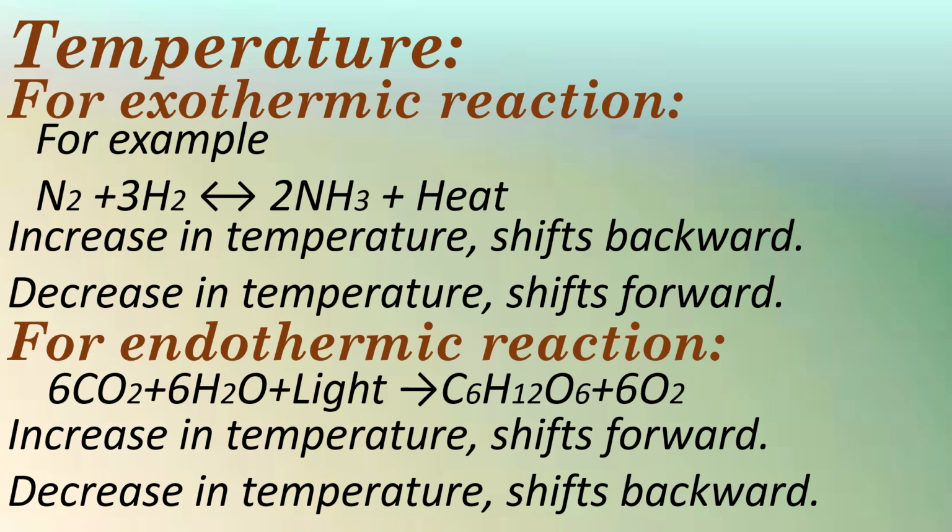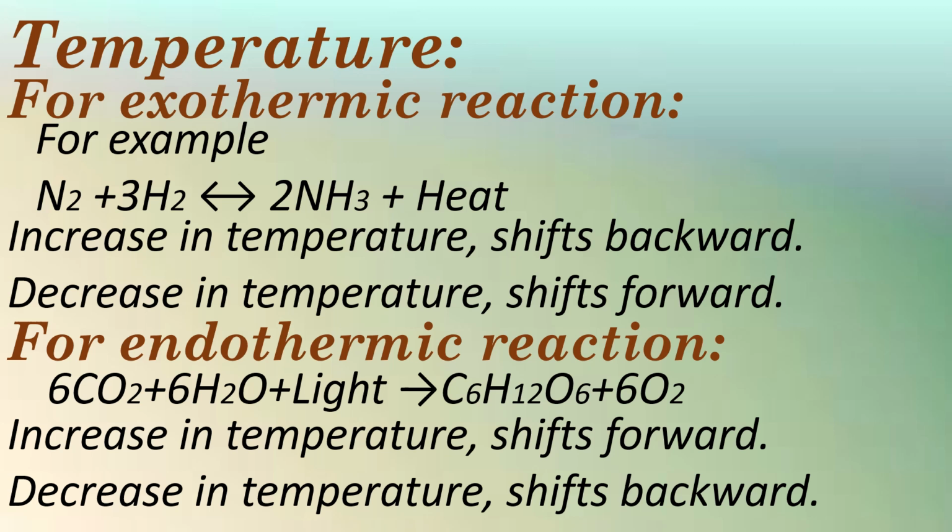This is an exothermic reaction. That means reactants have a large amount of heat and product has a low amount of heat. So if we increase the temperature of this exothermic reaction, the backward reaction occurs. If we decrease temperature of this reaction, the forward reaction occurs.